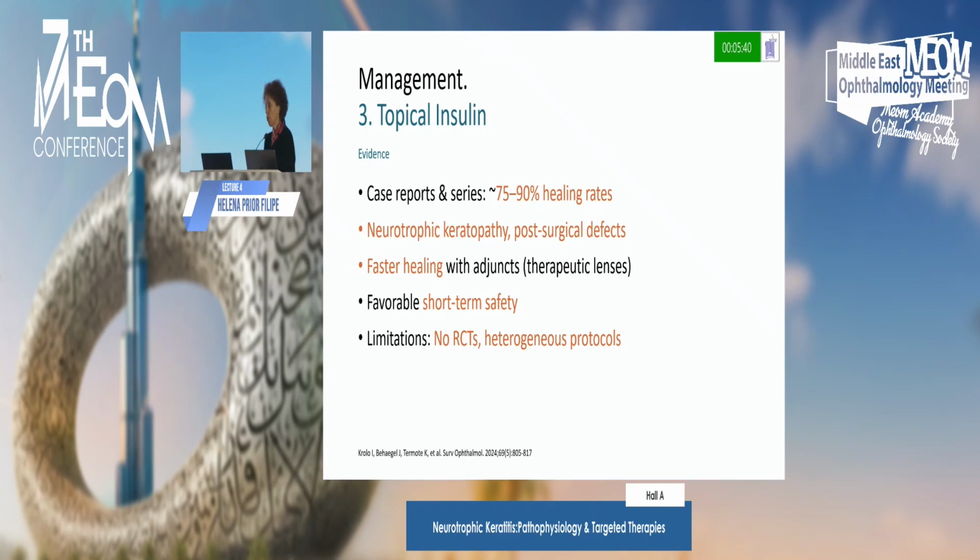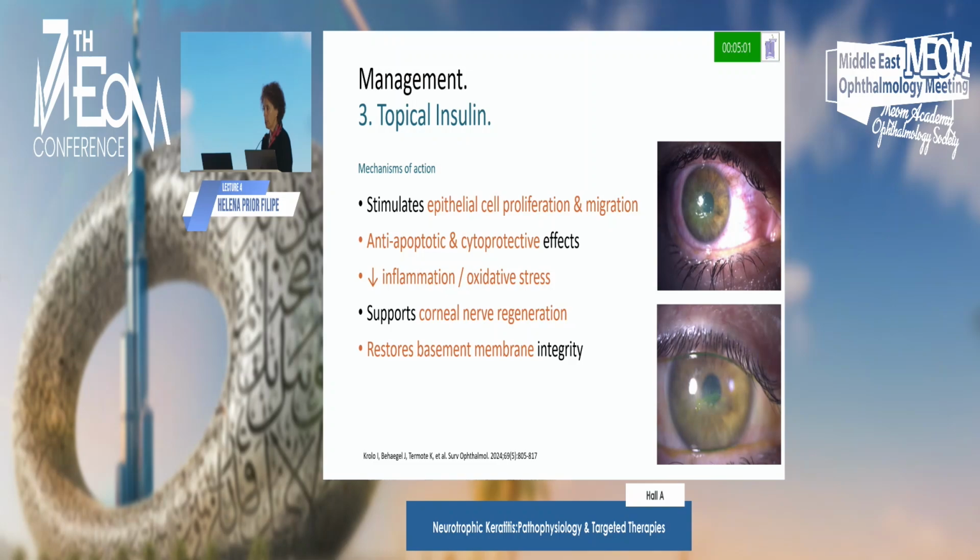There are case reports and series with very good response in terms of healing of the cornea when we use insulin topically. In neurotrophic keratopathy and post-surgical defects, healing is faster with adjuncts, for instance associated with therapeutic lenses, with favorable short-term safety, because we don't have so much experience in terms of duration of time. Limitations are that we need more randomized clinical trials, and the protocols are still heterogeneous.